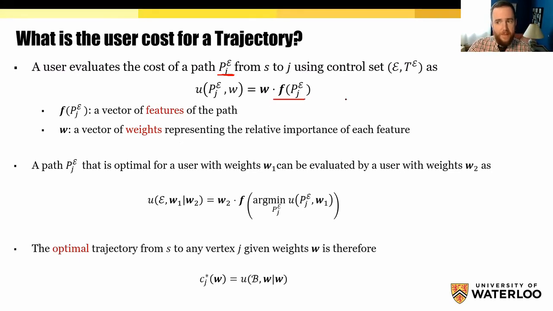Now the features of this path can be whatever we like. It could be the arc length of the path, the time required to traverse the path, the maximum jerk experienced along the path, the integral of the square jerk along the path, whatever notion of comfort, travel time we like. And W is a set of weights that represent the individual importance of each feature relative to every other feature for a single user.